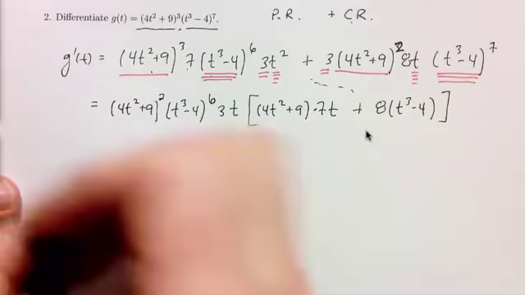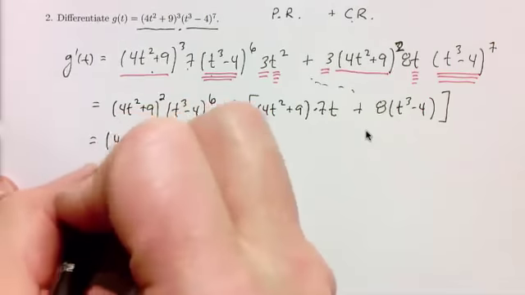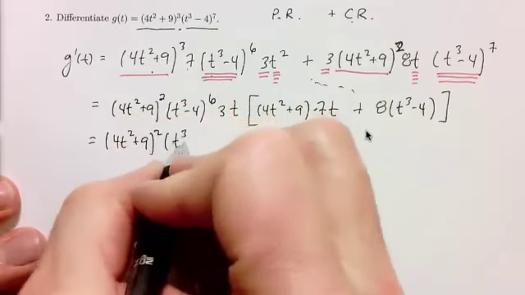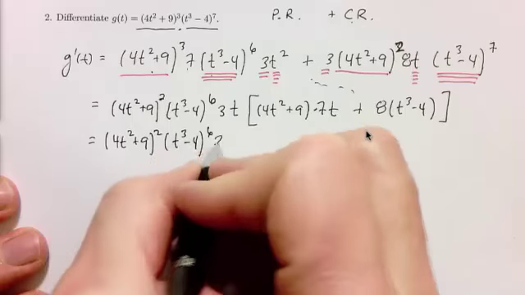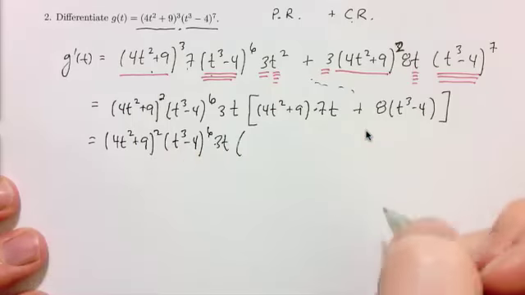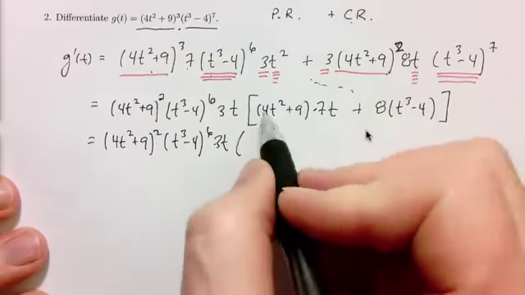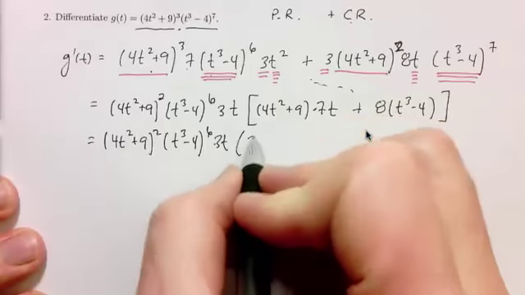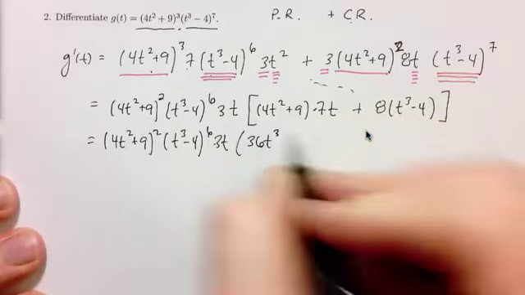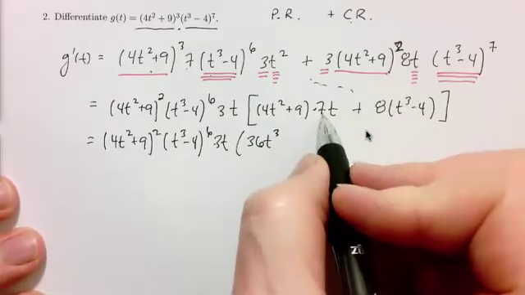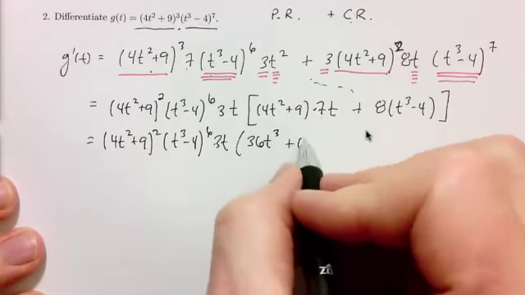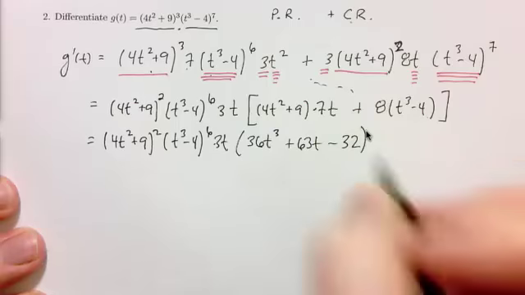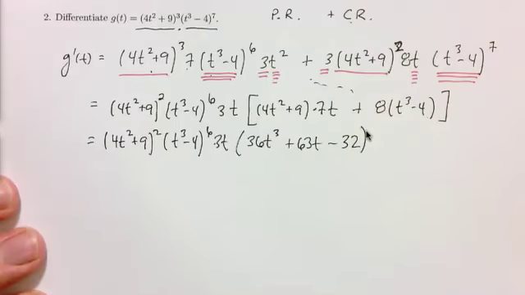If I FOIL everything out, multiply everything out, I'm just going to write parentheses because this is going to be a regular factor. I have 28t cubed plus 8t cubed is 36t cubed, 63t, minus 32.